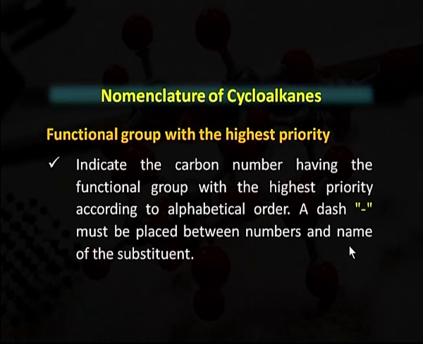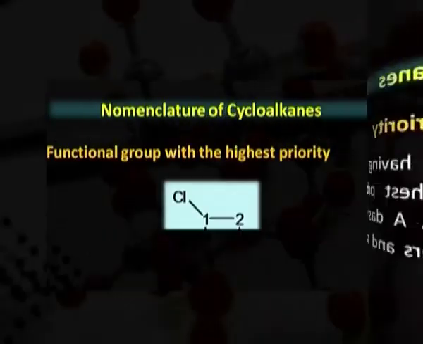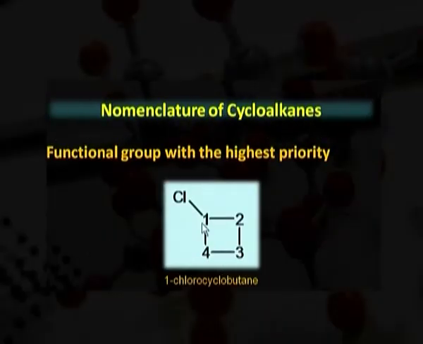Now, we will discuss the functional group with the highest priority. Indicate the carbon number having the functional group with the highest priority. A dash must be placed between the numbers and the names of the substituents. It is clear in this structure: the chloro group is attached to carbon number 1.